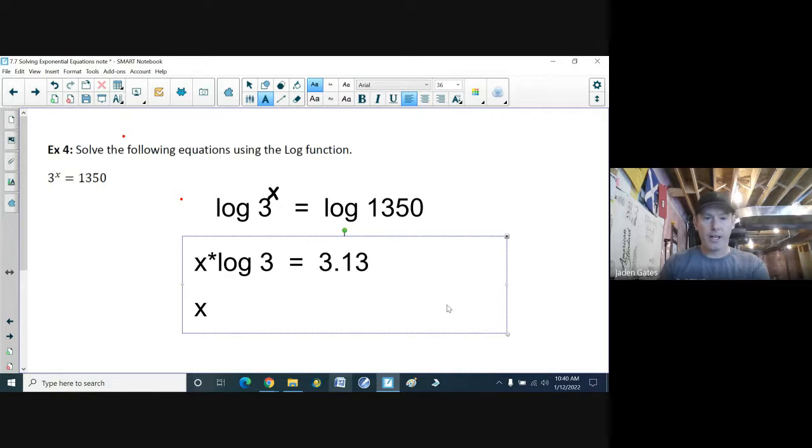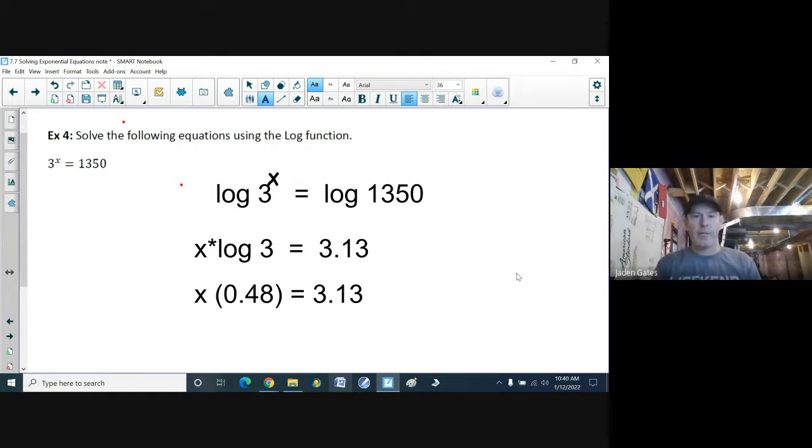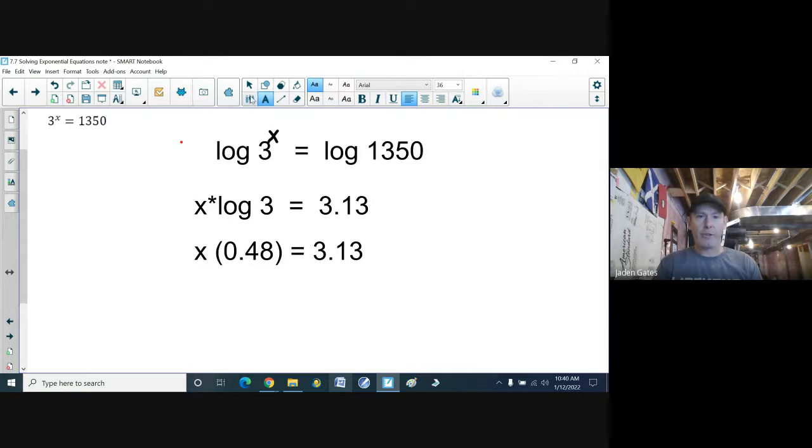All right, and as I've said, I can find the log of 3. It's going to be a small number. In fact, I'm getting 0.48, is equal to my 3.13. And then my last step, getting x by itself, which I can do now because, again, x is a nice normal number.